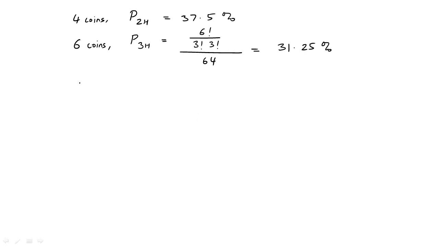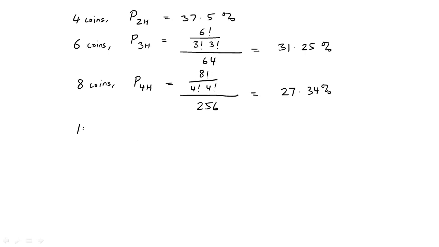And if I do this for 8 coins, then the probability of the most probable distribution is 8 factorial divided by 4 factorial squared, divided by 256, which is 27.34%.